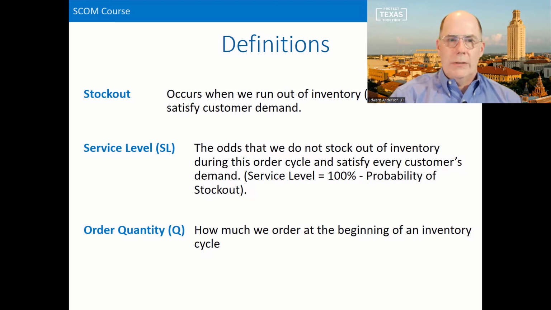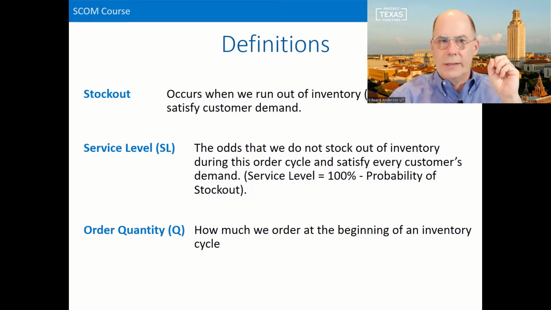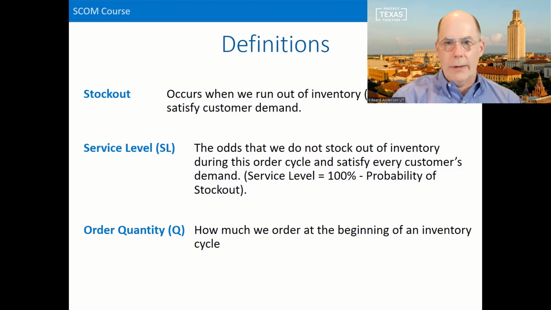And we have 100% minus 70% equals 30%, a 30% chance of stocking out. And in fact, the service level is always going to be 100% minus the probability of stocking out.